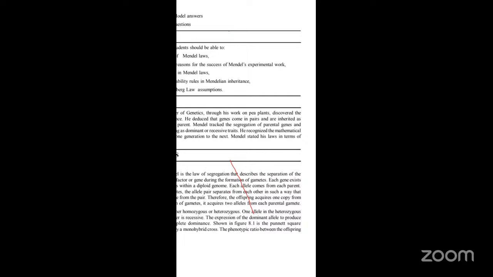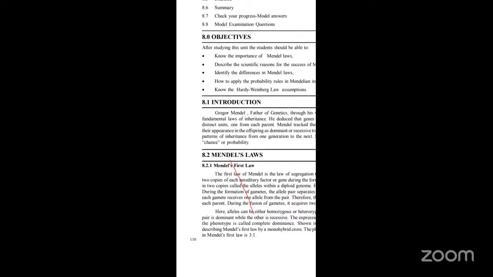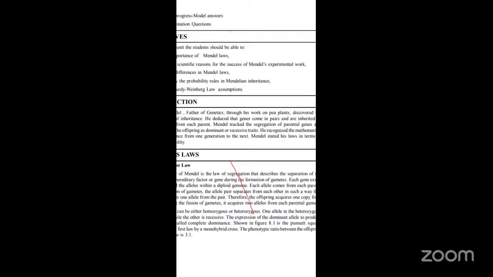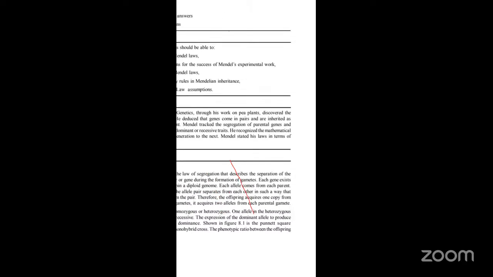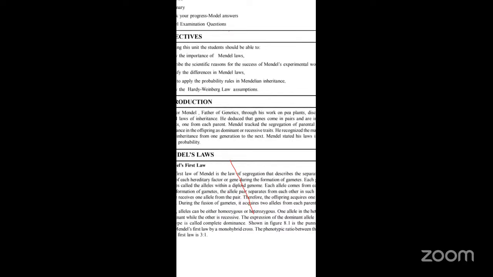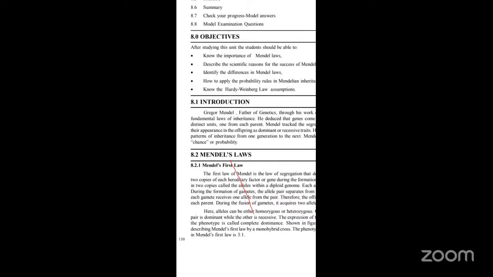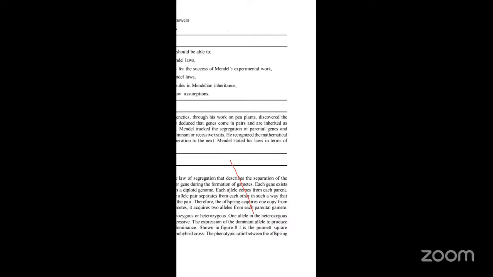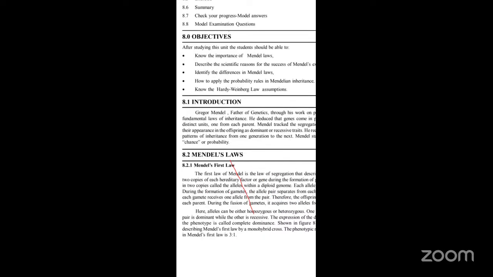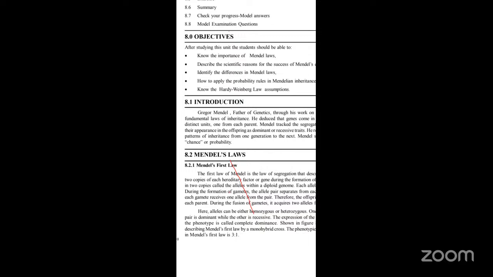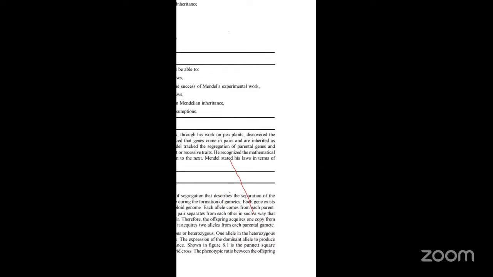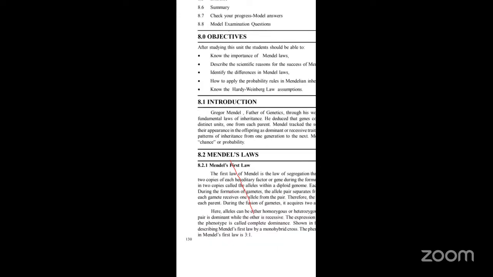One allele in the heterozygous pair is dominant, while the other is recessive. The expression of the dominant allele in the phenotype is called complete dominance. Shown in the figure is the Punnett square describing Mendel's first law by a monohybrid cross. The phenotype ratio among the offspring is given by Mendel's first law.